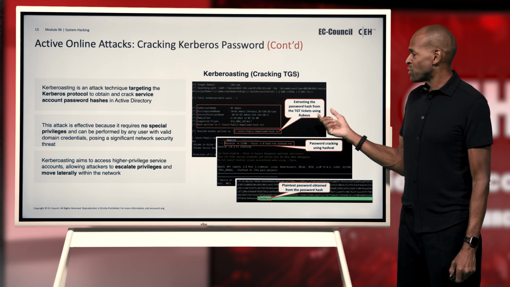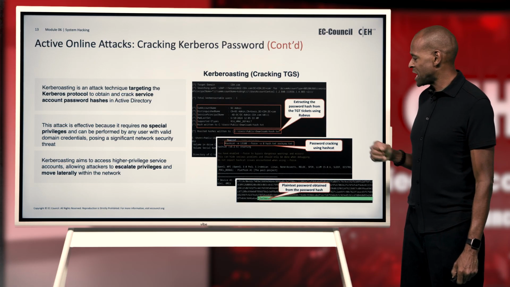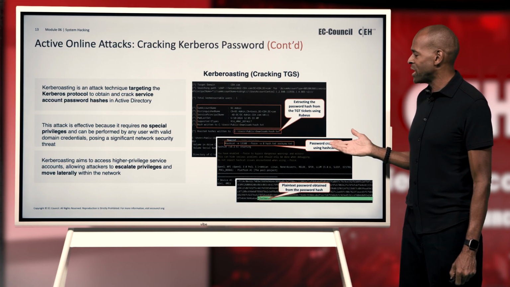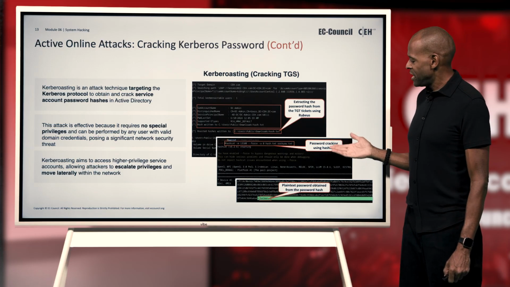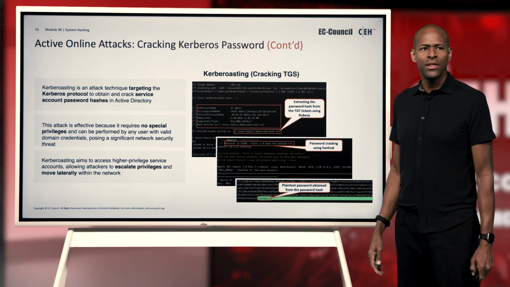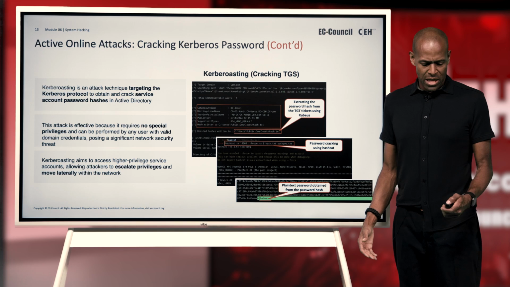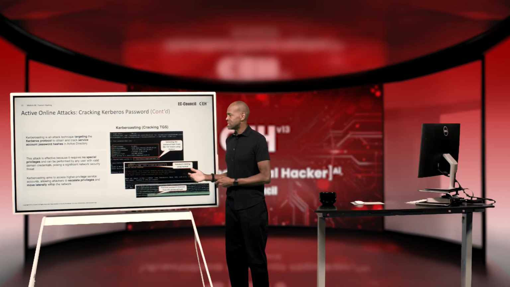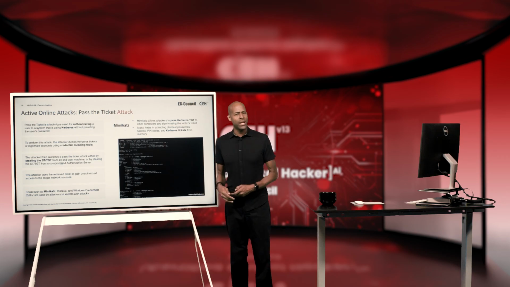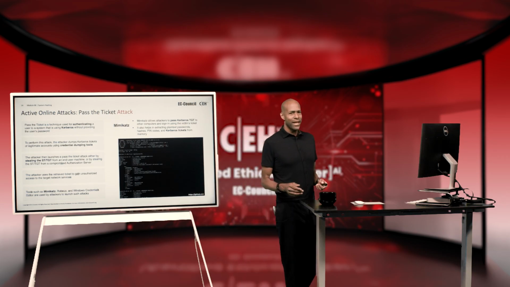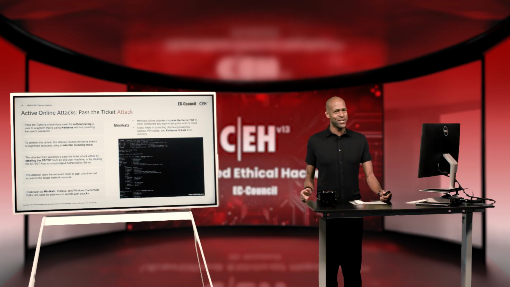What are we using for this? We're using Rubeus for this one. Rubeus is actually pretty cool. And then we can use Hashcat and crack into that system. So a couple different tools that we use. I would say it's very easy to do, but it's only easy when that Active Directory is misconfigured, unfortunately.